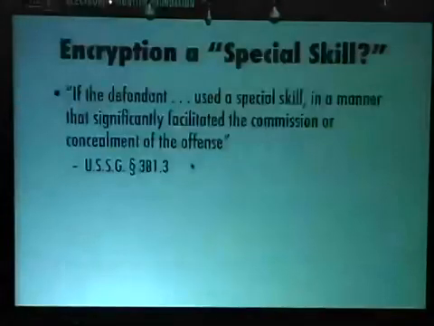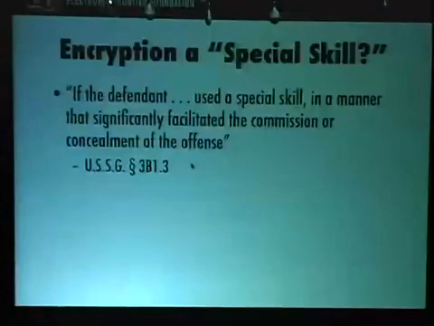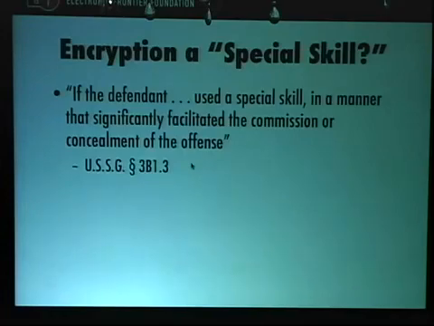Encryption as a special skill. Basically, there's another section of the guidelines that says if the defendant uses a special skill in a manner that significantly facilitated the commission or concealment of the offense, you get a 2-level enhancement. Now, when the guidelines define special skill, they say, quote, a skill not possessed by members of the general public and usually requiring substantial education, training, or licensing, end quote.